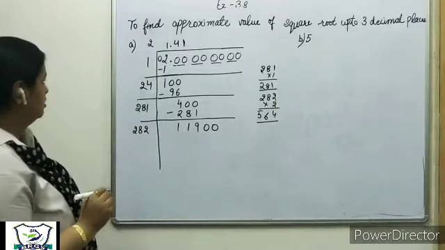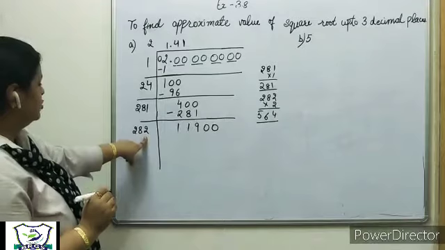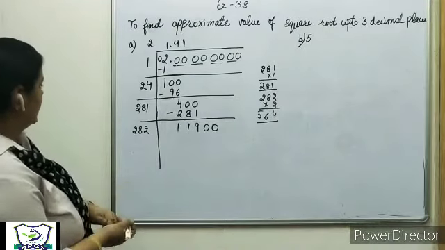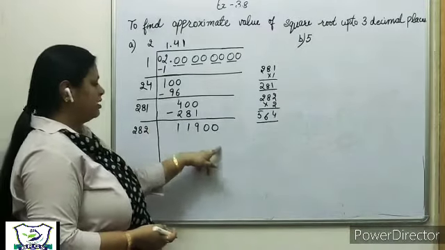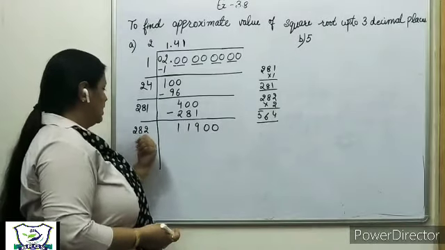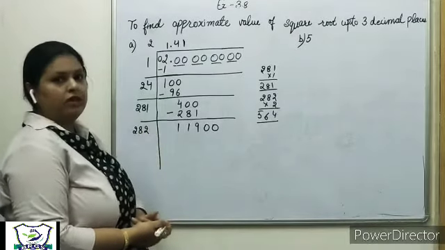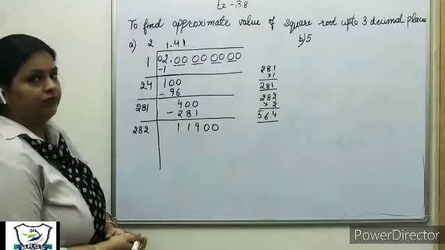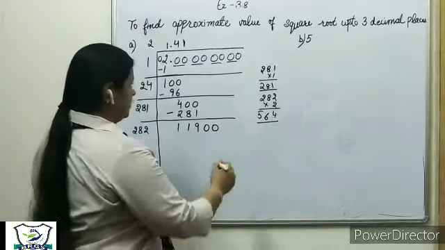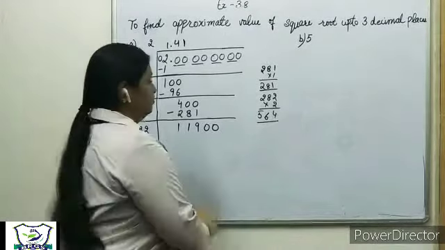Thereafter we have to put one number with 282, so that the result is either less than 11,900 or equal to 11,900. So we will try for 282. Let's wait.